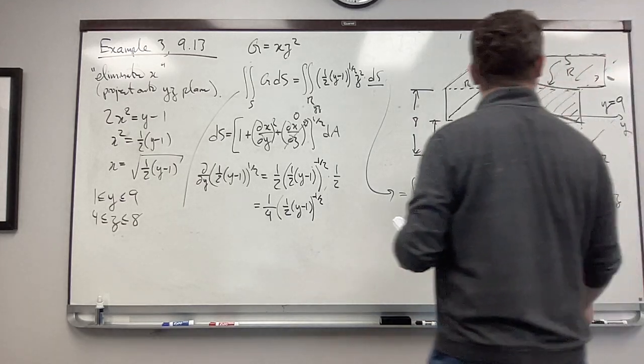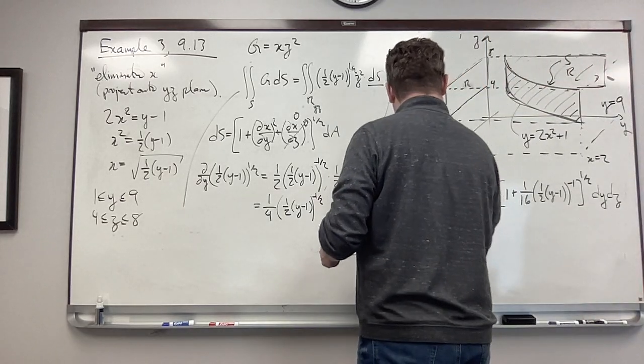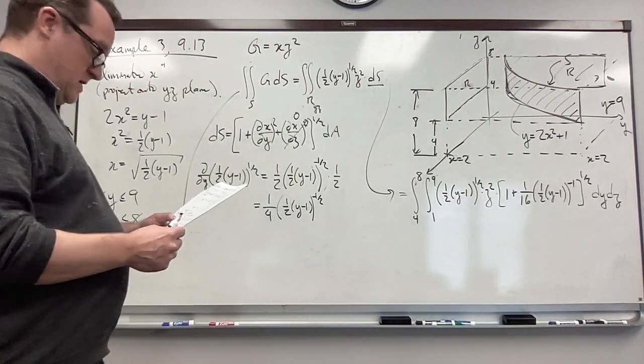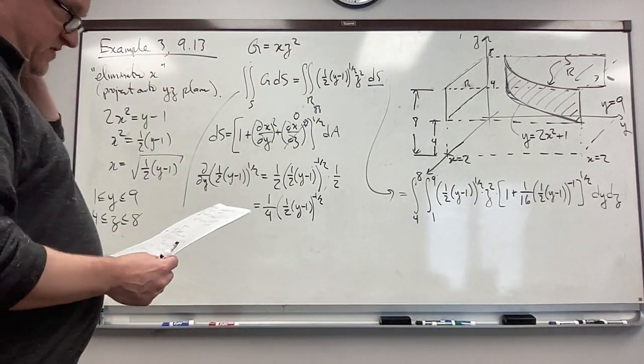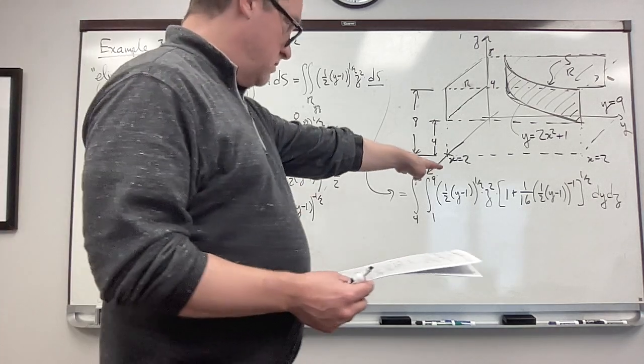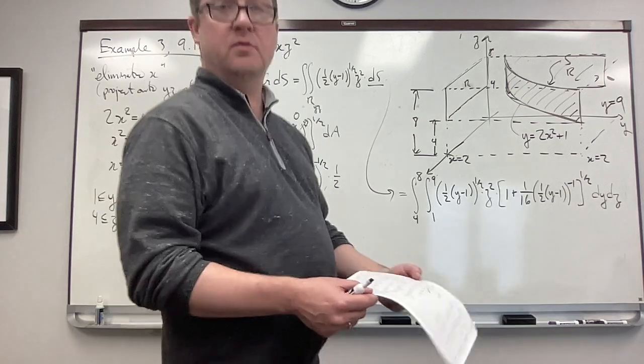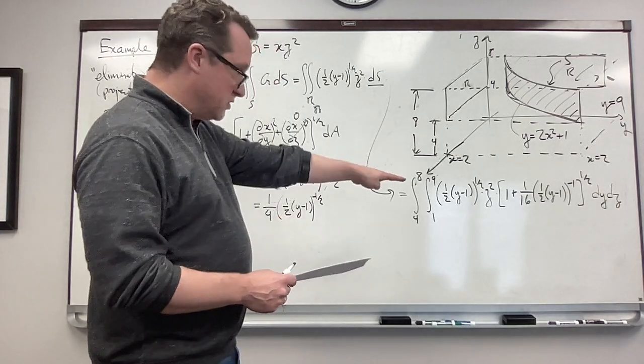Okay, and if I'm doing y first, I've got y from 1 to 9 and z from 4 to 8. I don't think I even need to go on, this is much more difficult, especially the y. The z integral is the same. The z integral is going to give us the same answer.